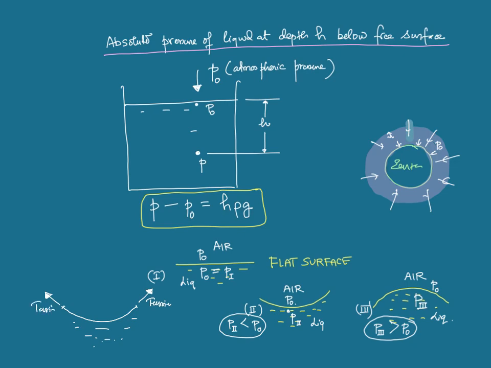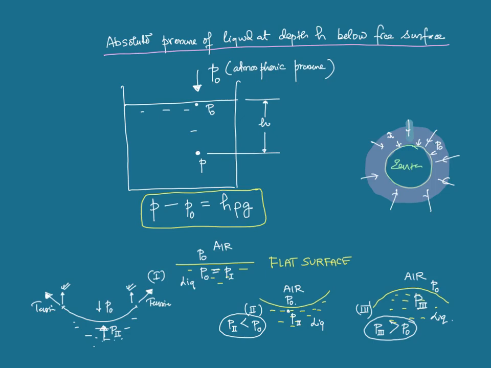As you can see, the net force of tension is upward, and the pressure from the atmosphere acts downward, while here it is P2. Obviously, due to this imbalance, due to the vertical component of the tension, P naught is greater than P2. The details we will study later in the topic of surface tension.